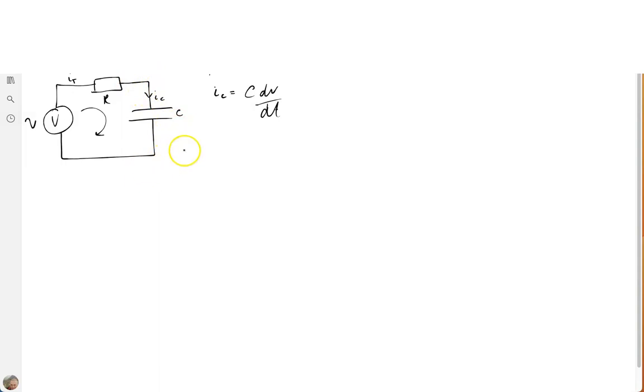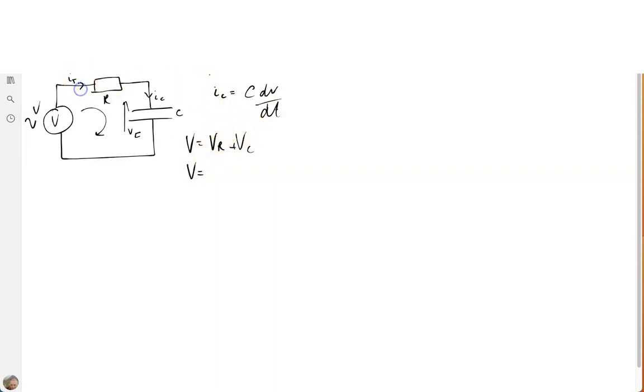If we start writing this out, V, our total voltage, is equal to VR plus VC.